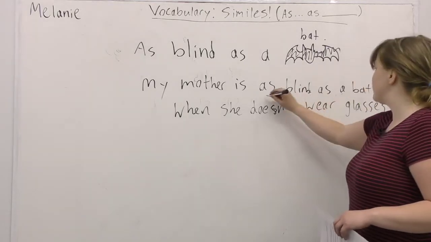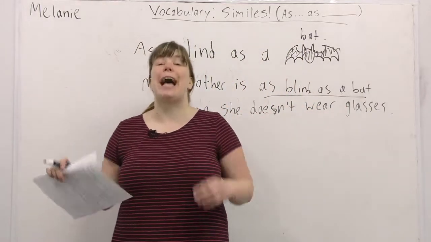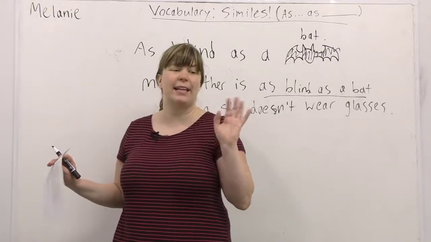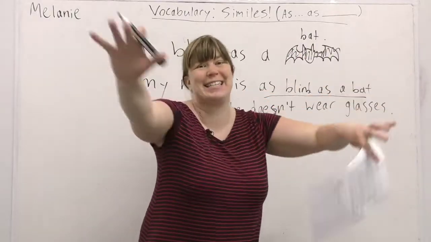Okay, as blind as a bat. All right, so when my mother wears glasses, she can see, she's fine. But when she doesn't wear glasses, she can't see. She's as blind as a bat.